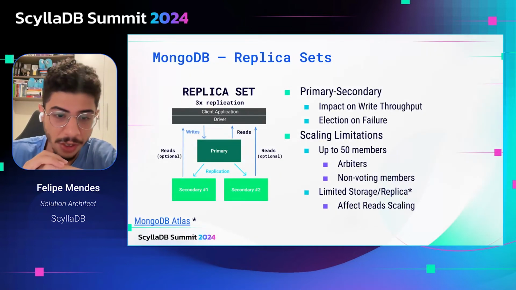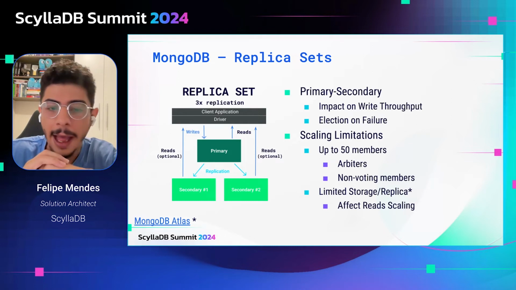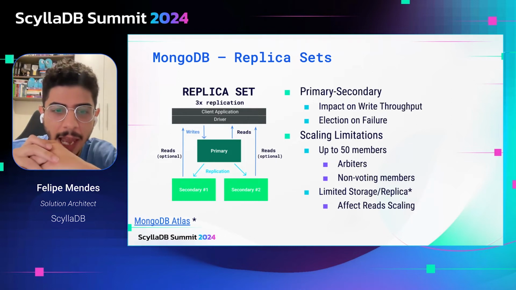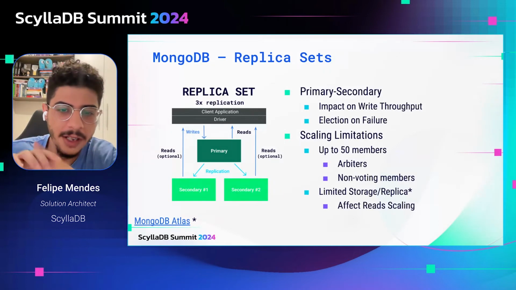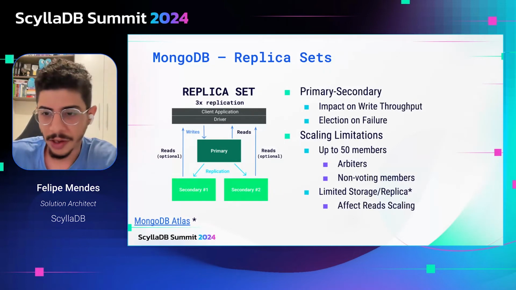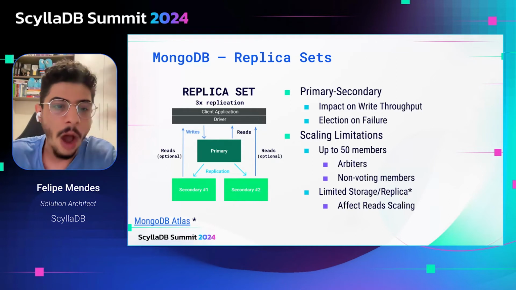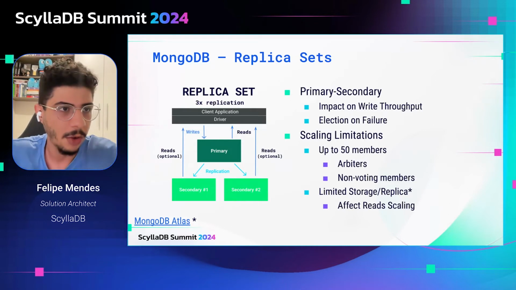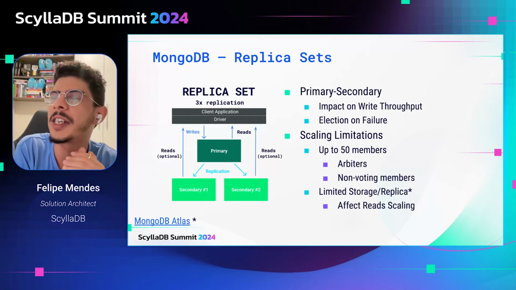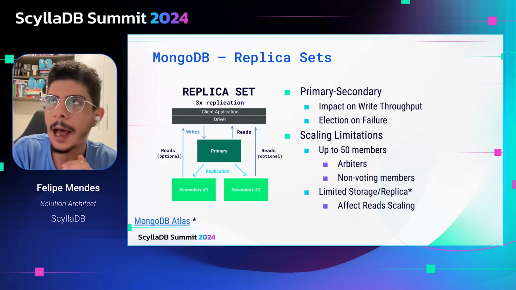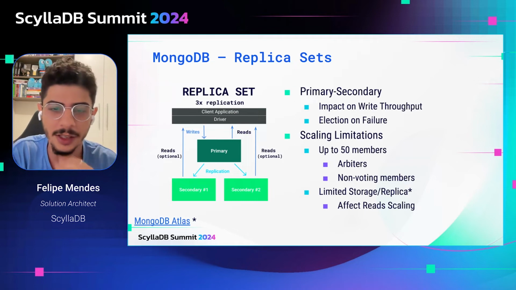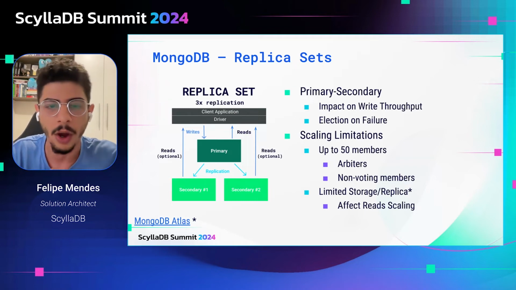So one of the things we need to realize is that if one of your replica set members ends up with limited storage space, you have no option but to actually increase that node's disk space. However, there is a catch here, which is you cannot add disk space indefinitely to a node.